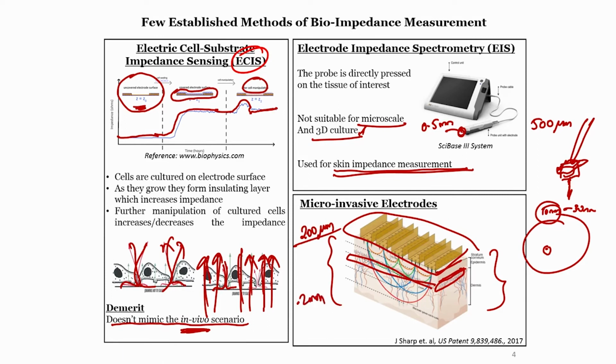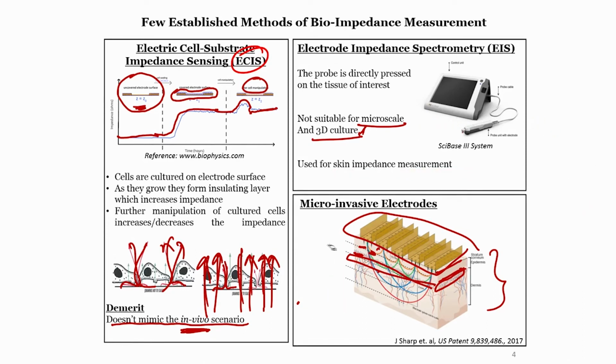Then these micro electrodes do not reach this nerve, they end somewhere in between. When the micro electrodes do not actually touch the nerve, you do not get the pain and you can still do what you want to do with the electrodes. So that is why it is called micro invasive electrodes, because they are not really painful, because they do not touch the nerves which are a little bit down. Okay. So that is the interesting application of these technologies.